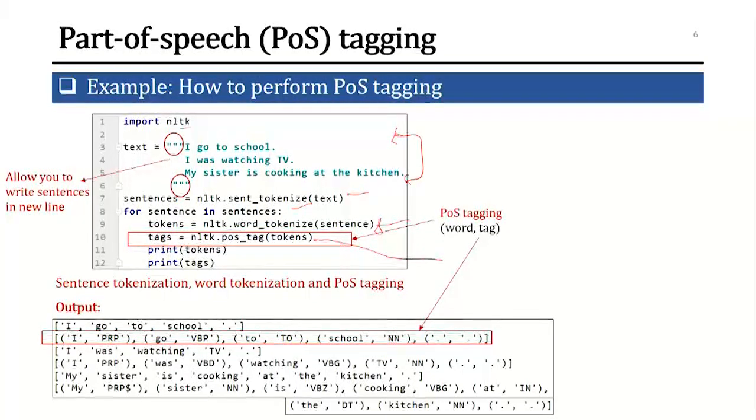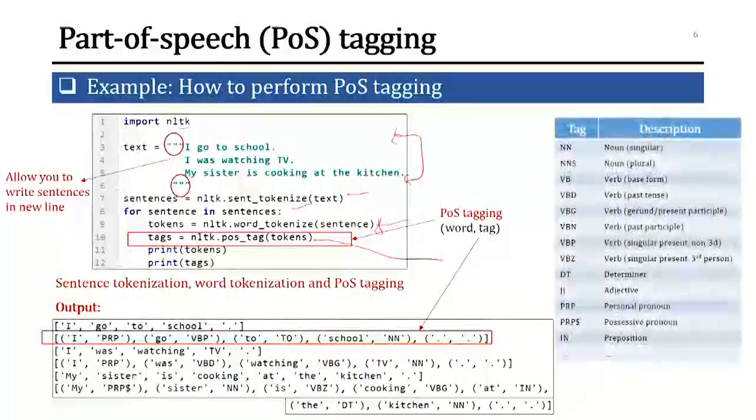Next we have the word go, which is represented as a verb, and so on and so forth. We also have some other terms appearing in this sentence, and it gives us the tags representing the part of speech for each word. So we already know what is NN, what is PRP, what is VBD, and some other information that we already discussed in the previous slide.